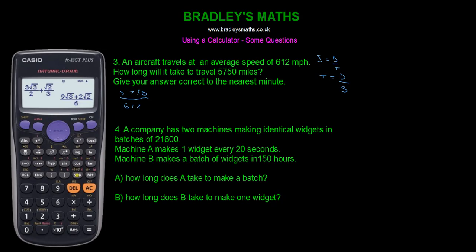So 5,750 divided by 612 equals, and what you will get with this is a big long decimal, 9.395,424,837, which is not giving us an answer correct to the nearest minute, not yet anyway.